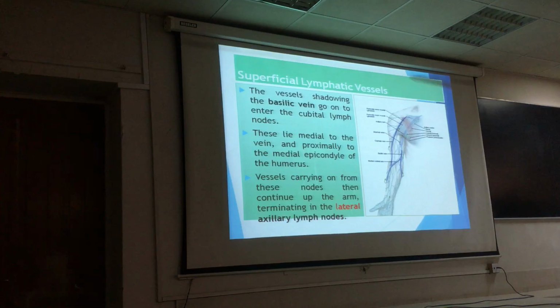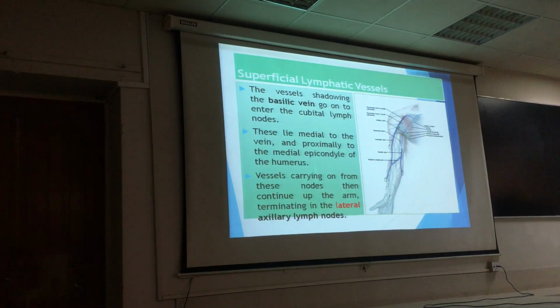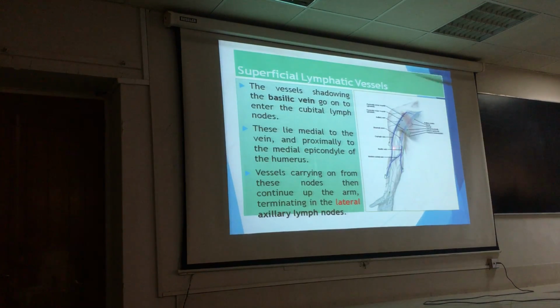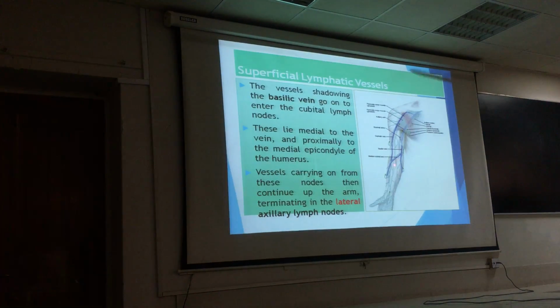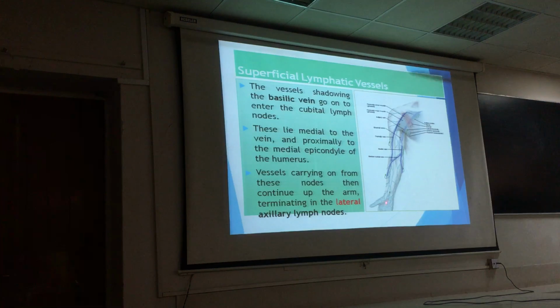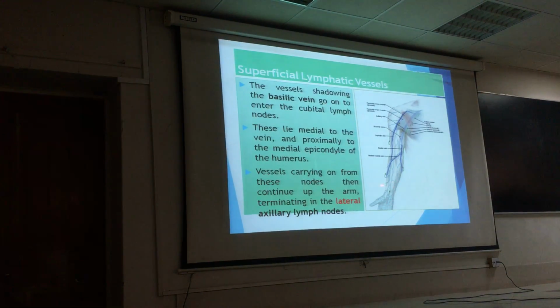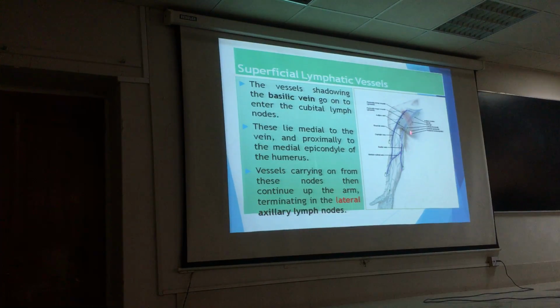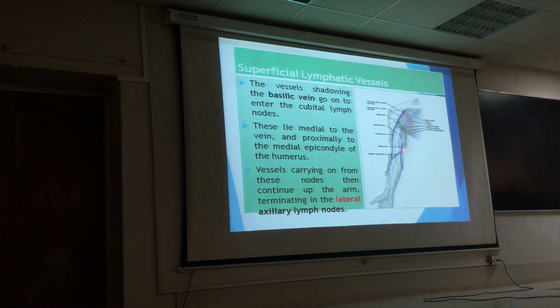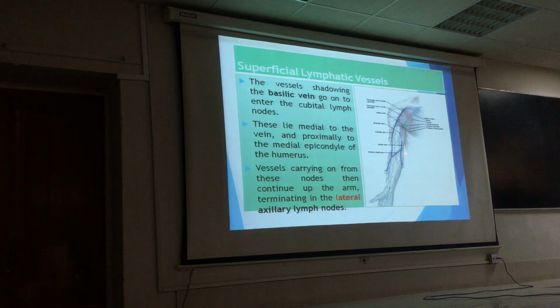Now, if you look at the medial side first, this is the basilic vein. Now, if you look at this, what happens? The lymphatics which were ascending upwards and which are in close proximity to the basilic vein, what do they do?